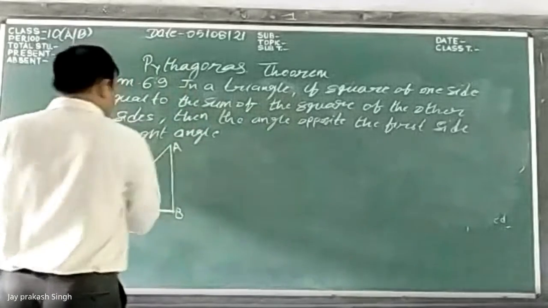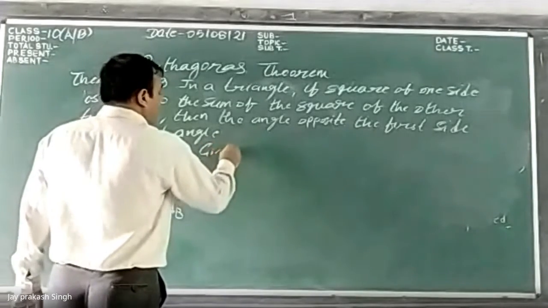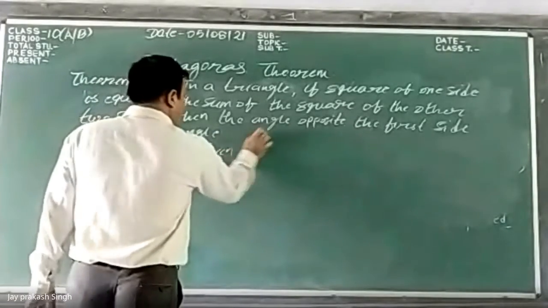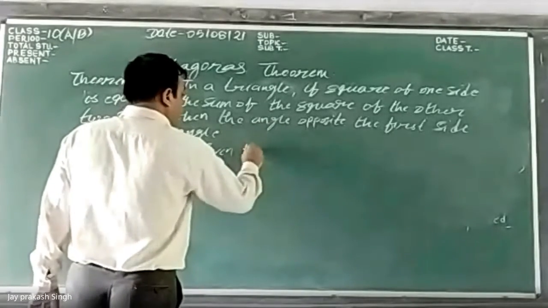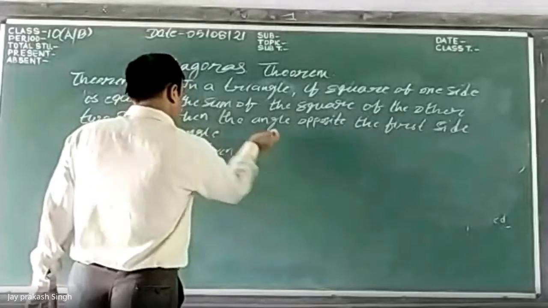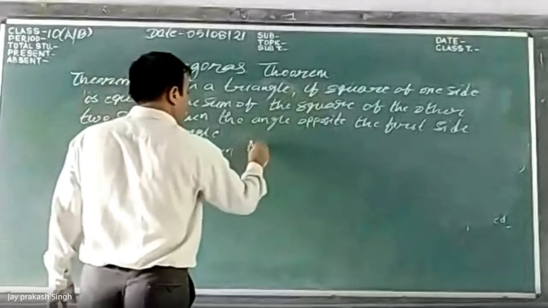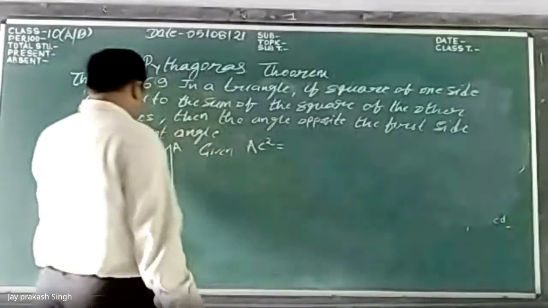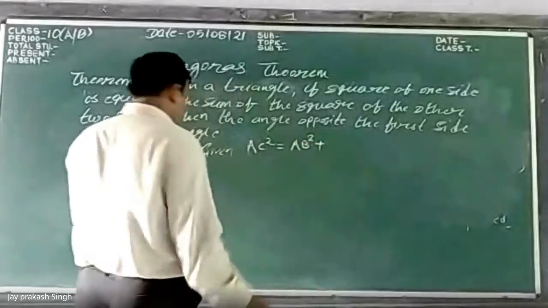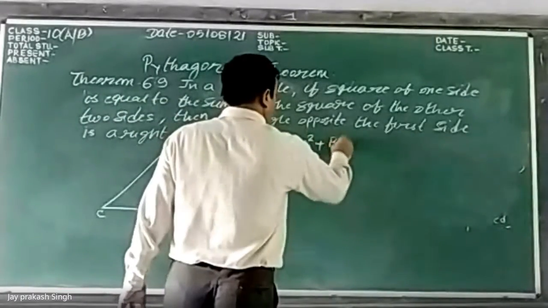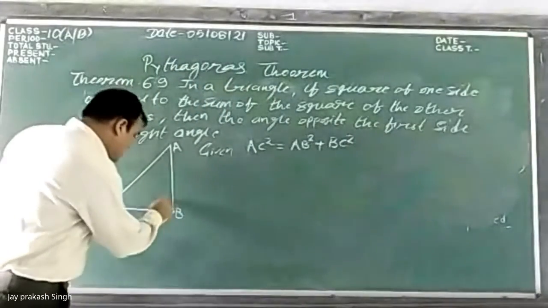So the square of one side, AC square, equals AB square plus BC square. It is given. So we have to prove this.